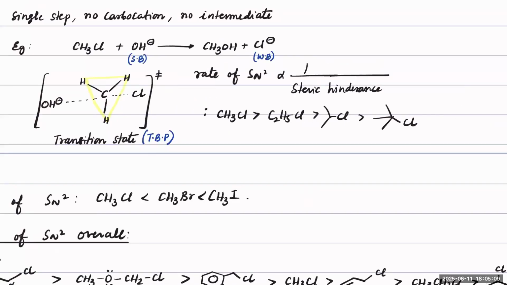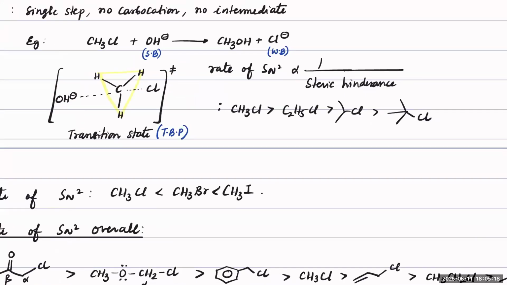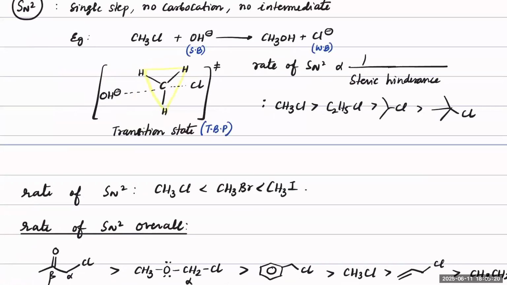So what you would notice here is that Cl is going and OH minus is attacking, correct? And that's how the reaction happens. Now suppose instead of these hydrogens there are bulky groups here. These bulky groups will repel the OH minus, thus decreasing the rate of reaction.